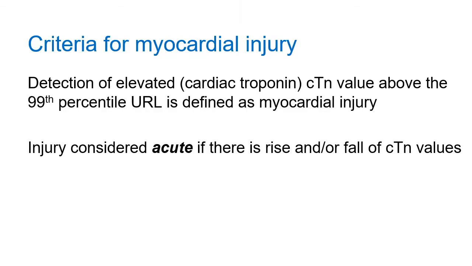So the criteria for myocardial injury is detection of elevated cardiac troponin above the 99th percentile upper reference limit, and the injury is considered acute if there is a rise and or fall of cardiac troponin.